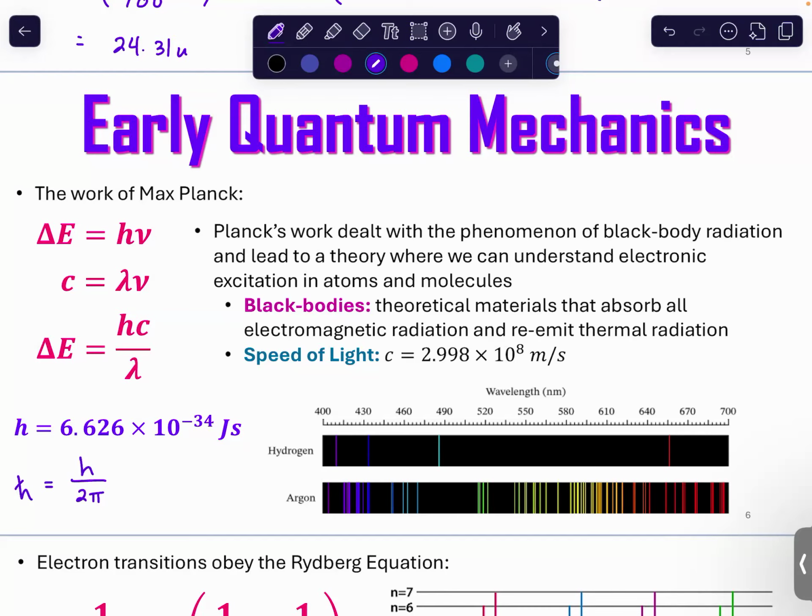Is it a carbon NMR? Is it a proton NMR? There are all these different tests, and you're going to have to know the differences between them. But for example, let's say you're looking at the gas argon. Well, its spectrum looks quite a bit different. And these are characteristics. So each element is going to have a unique spectrum.